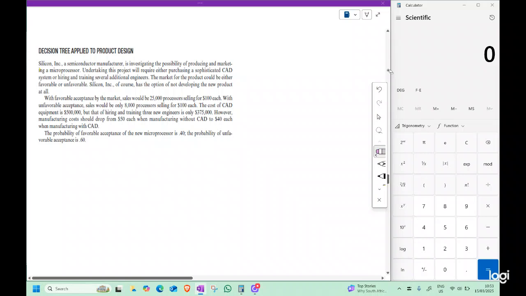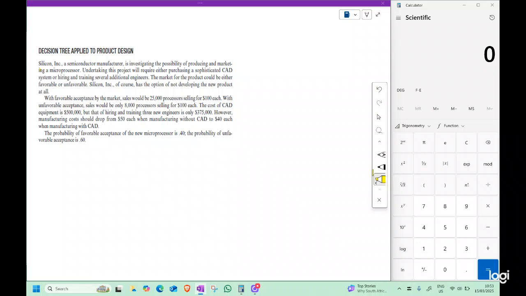Welcome to another video whereby we are doing an example for decision tree applied to product design. Silicon Incorporate, a semiconductor manufacturer, is investigating the possibility of producing and marketing a microprocessor.